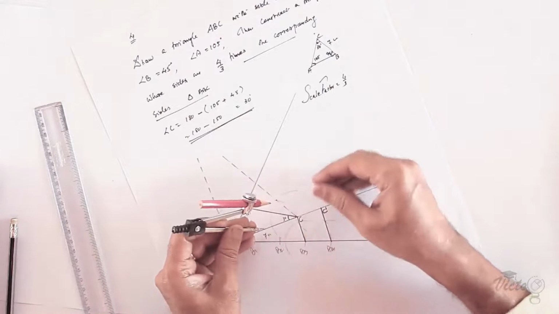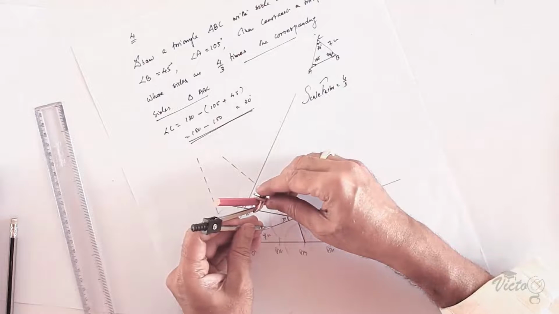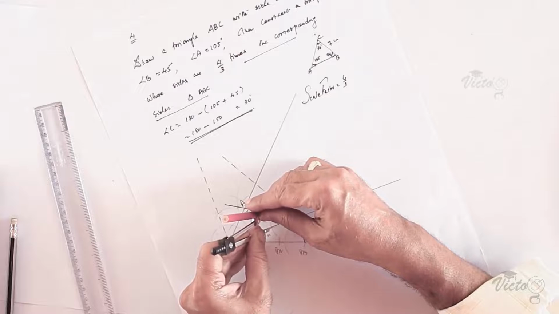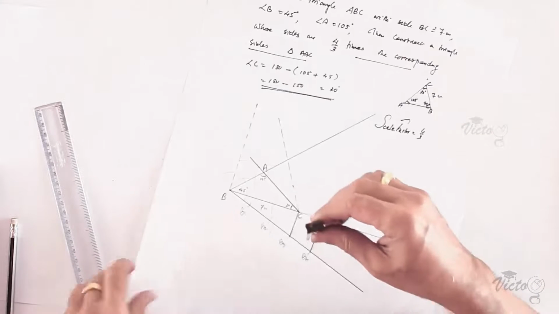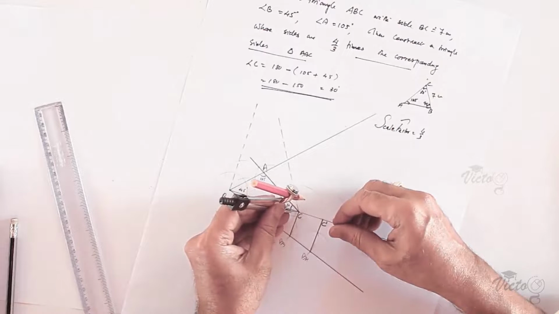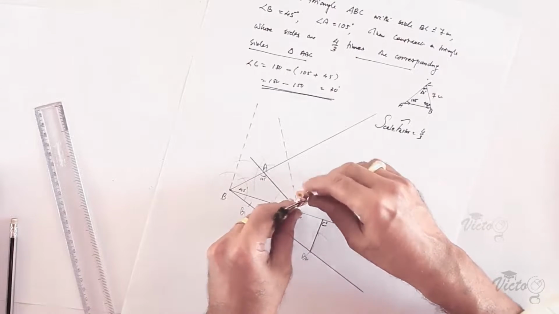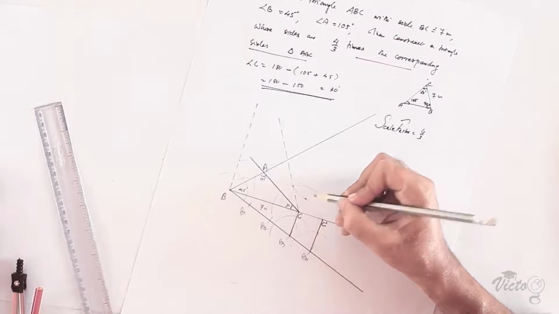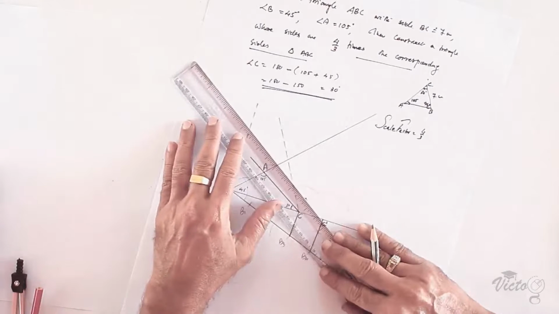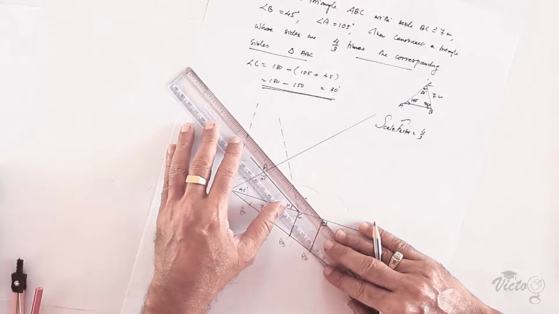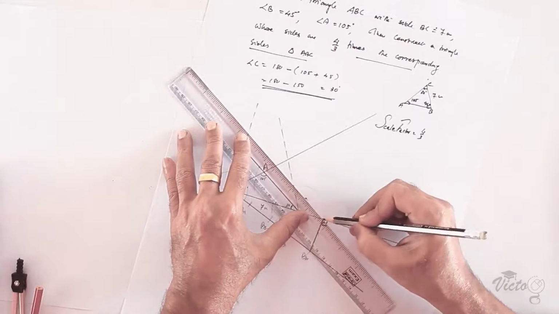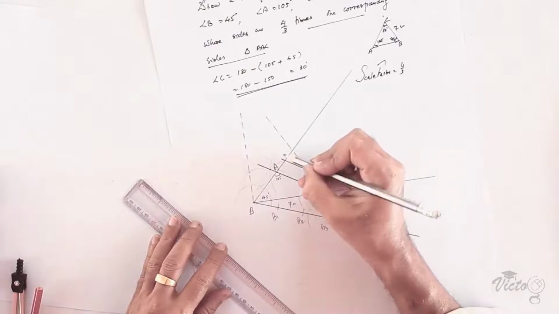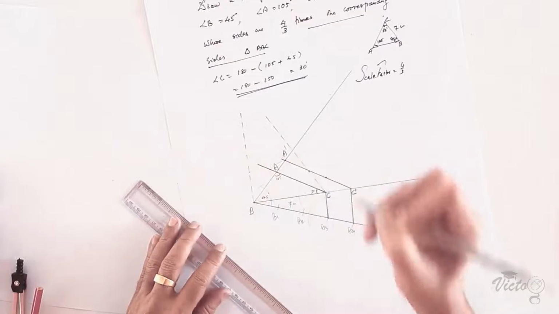Now measure the arc length inside the angle 3 and mark this arc length to intersect the arc drawn with the center C dash. Now join C dash to the point of intersection of these two arcs. We will obtain another line segment which is parallel to AC and name this point as A dash.